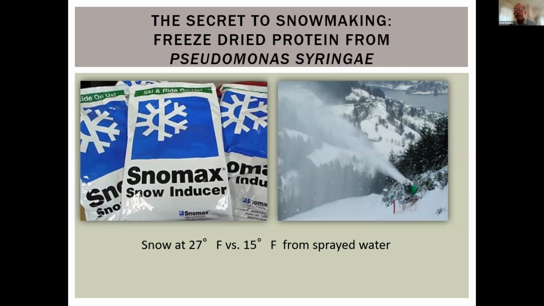By injecting this along with the water through snowmaking machines, they can now produce snow at 27 degrees Fahrenheit rather than the 15 degrees Fahrenheit that would be required if they didn't have this ice nucleator within the sprayed water source. So it really shows that the presence of this ice nucleating bacteria has a huge impact on the temperature at which ice nucleation starts. So it's even in commercial use like this.